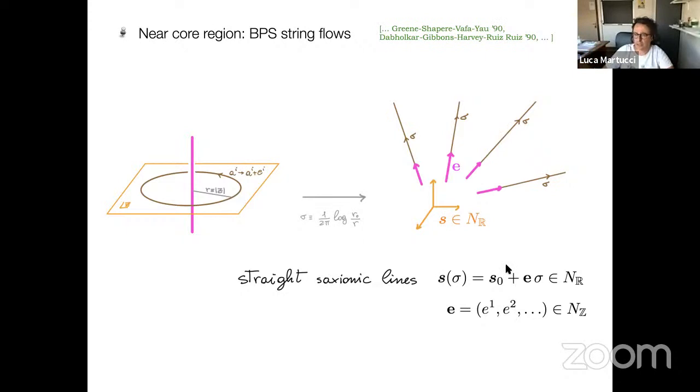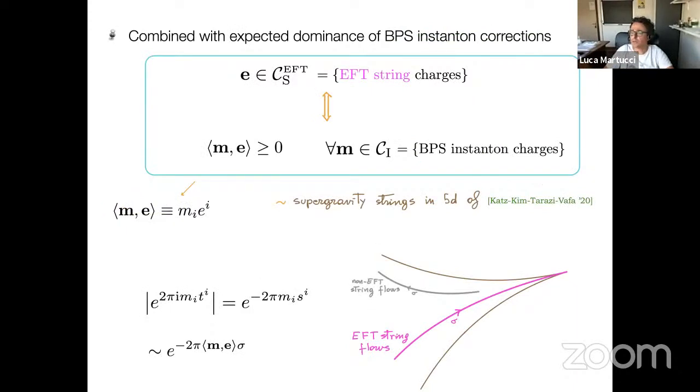And then we can combine this observation with the expectation that in supersymmetric models, in such perturbative regimes, the non-perturbative breaking of axionic symmetries is dominated by BPS instantons.